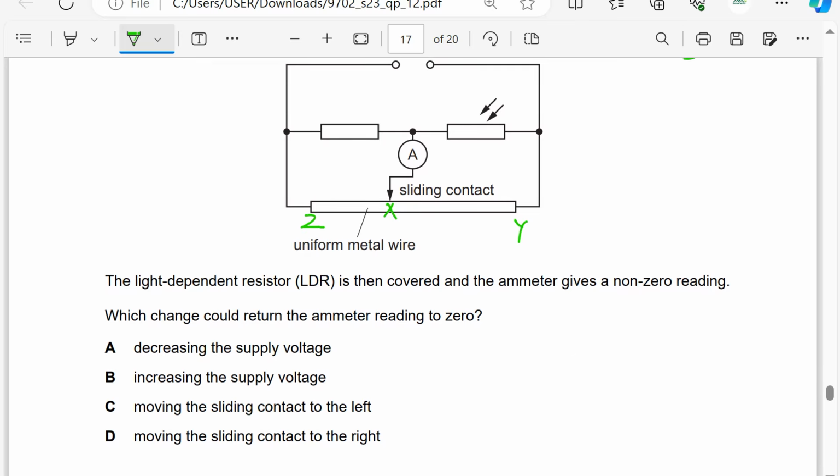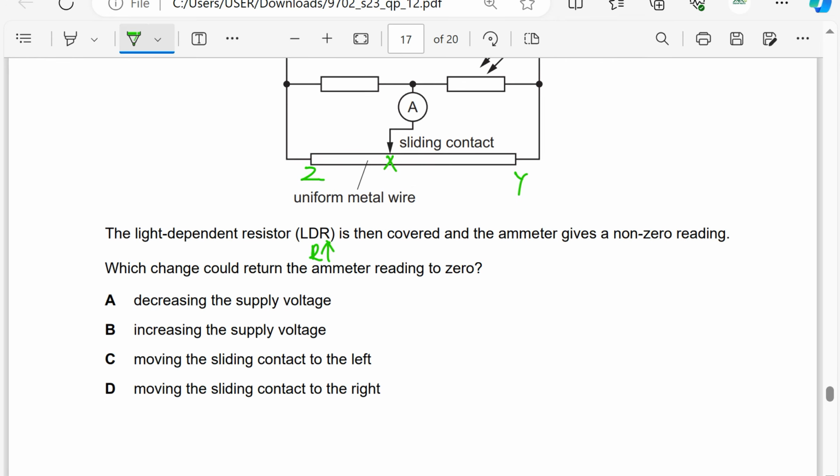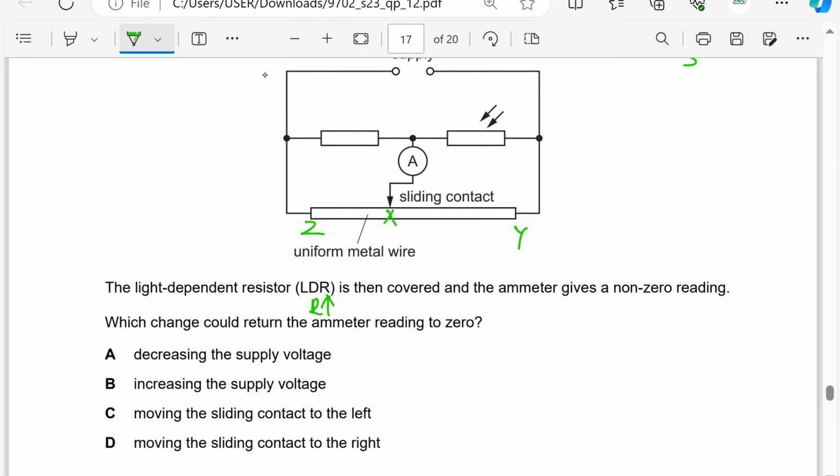So the light dependent resistor is covered, which means light intensity decreases, and the resistance of the LDR increases. What does that mean? The PD across XY increases. Which change could return the ammeter reading to 0? The PD across XY has increased.